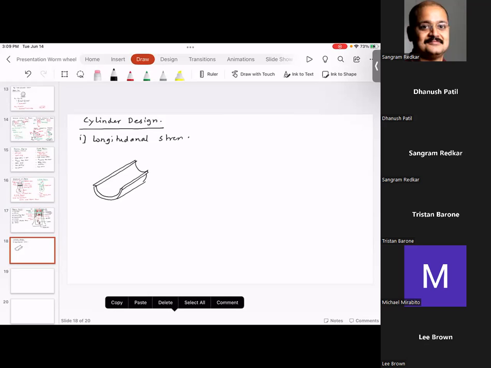So this is the cross section. And usually there is very high pressure here. This is the length of the cylinder. And usually this is denoted as the diameter.